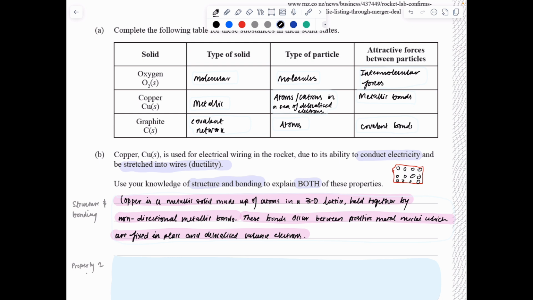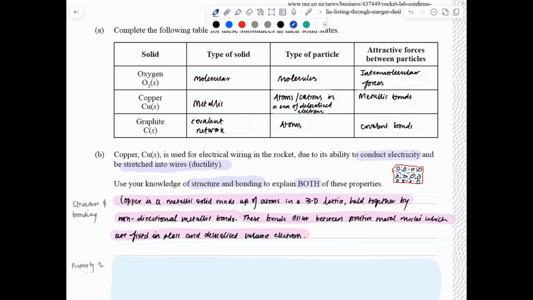And then you're also going to have valence electrons, which are basically flowing around, okay? They are called the sea of delocalized electrons. They're not fixed in any place, but the positive nuclei, they are fixed in place.